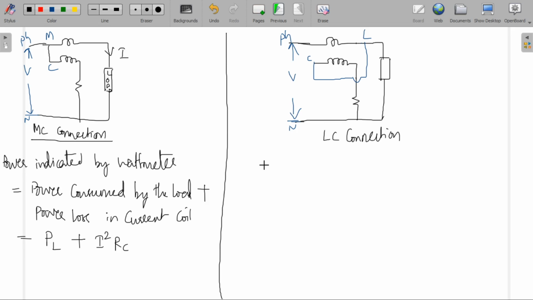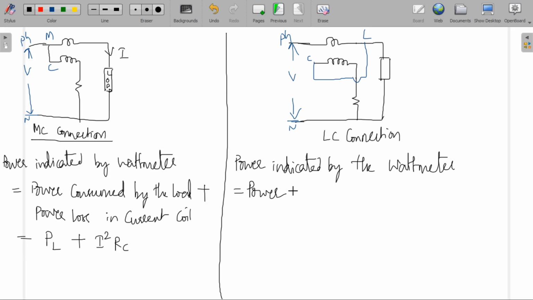Now coming to this connection, what is the power indicated by the wattmeter? Power indicated by the wattmeter is equal to power consumed by the load plus, now see here, the current which is flowing through this is IP.